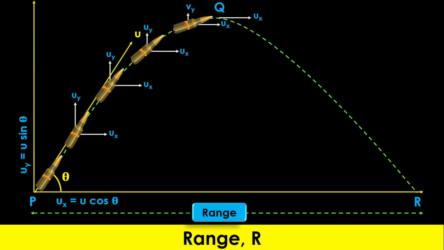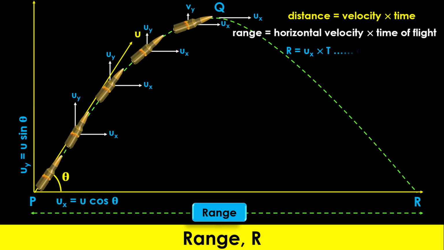To derive the formula for range, we will make use of the basic equation for calculating distance, which is velocity multiplied by time. In this case, our distance is the range R, while velocity is the horizontal velocity ux, and time is the total time of flight, capital T. We are using the time of flight because for the bullet to move from P to R, it will use the time for both the upward and downward flights.